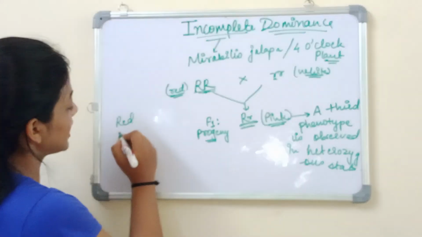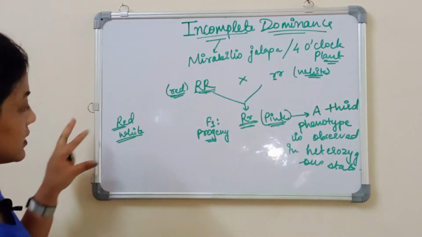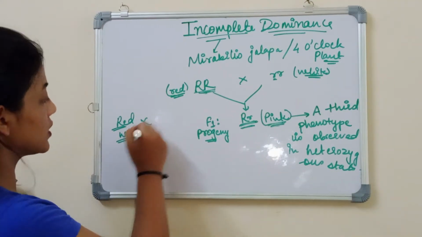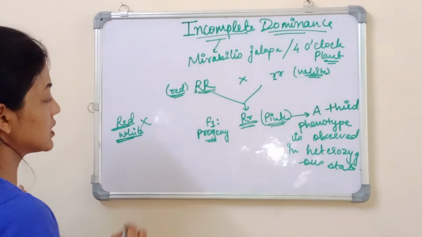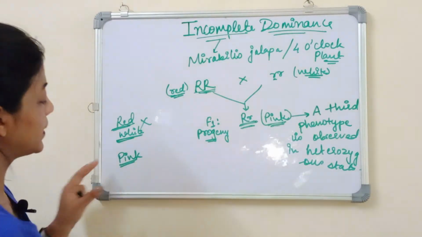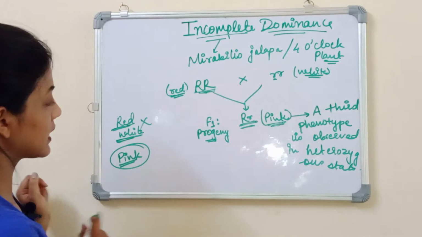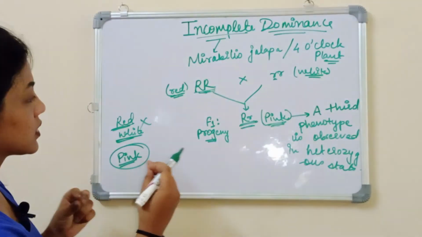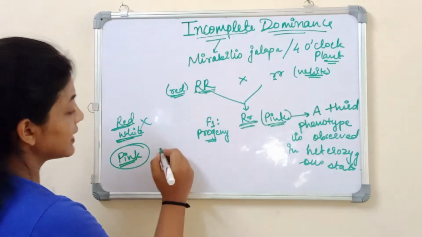These were the two phenotypes of the two parents. But when they were crossed, neither red nor white was observed in the F1 progeny. Rather, pink colored flowers were obtained. Means a third phenotype is produced when it is in the heterozygous state.